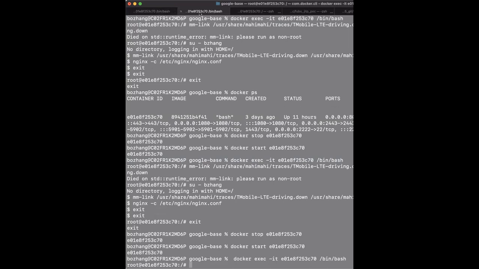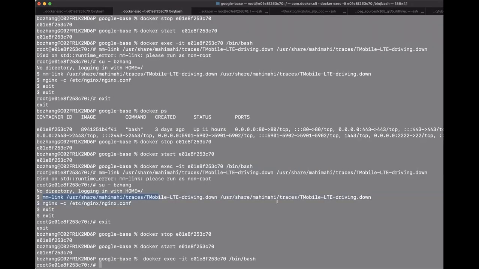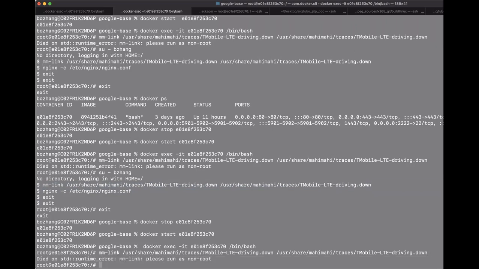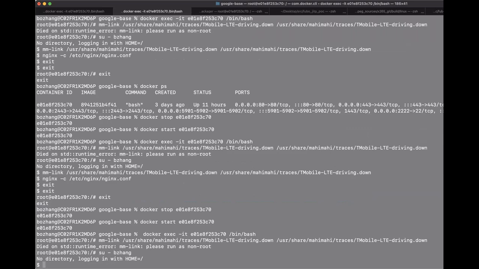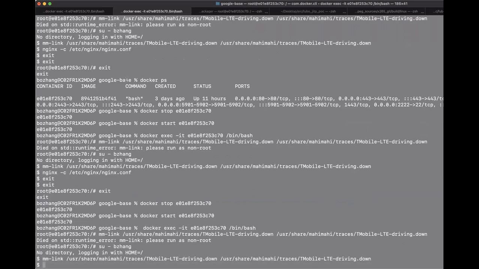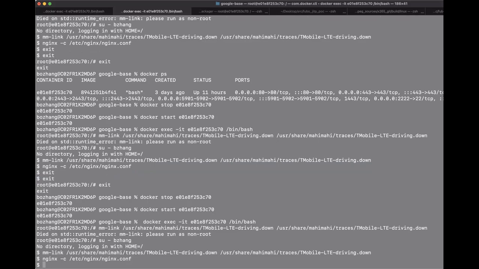Then I'll start Mahimahi for network emulation, logging in as non-root. Start Mahimahi, and then I'll start PHP-FPM, which is a PHP daemon, and then I'll start Nginx, which is the origin server. Okay, so everything is set up.